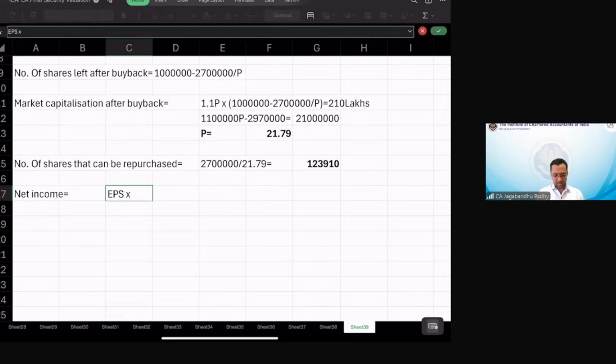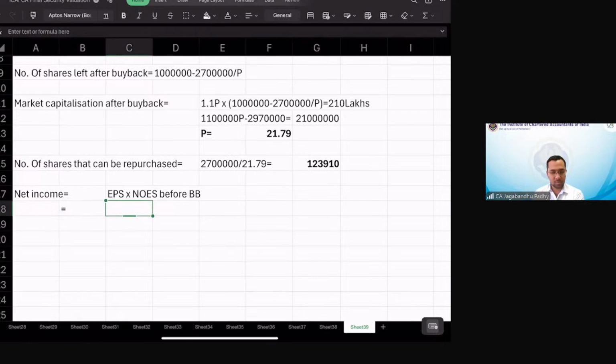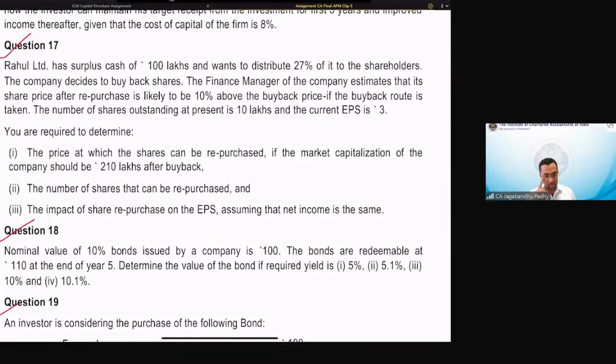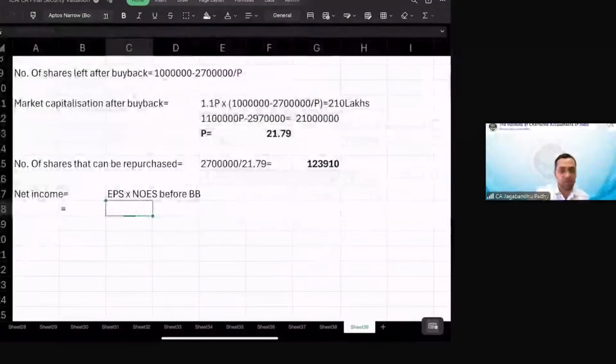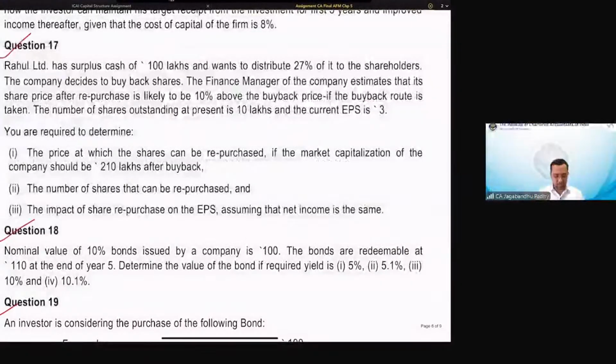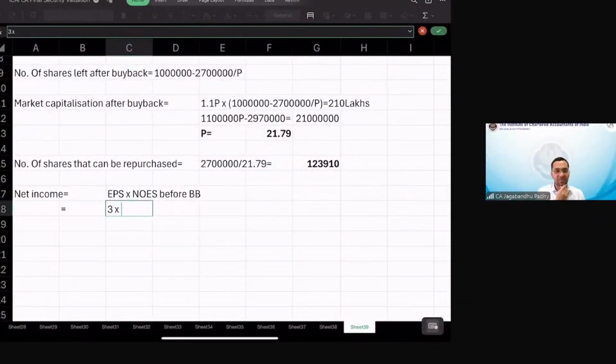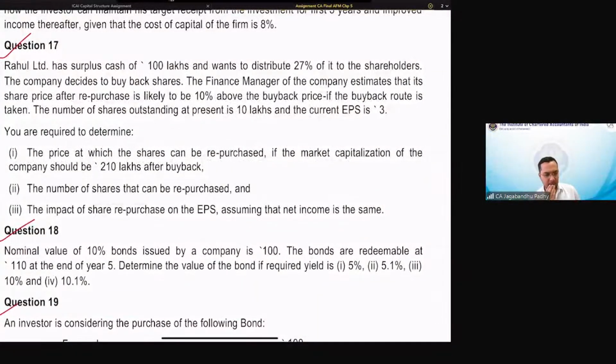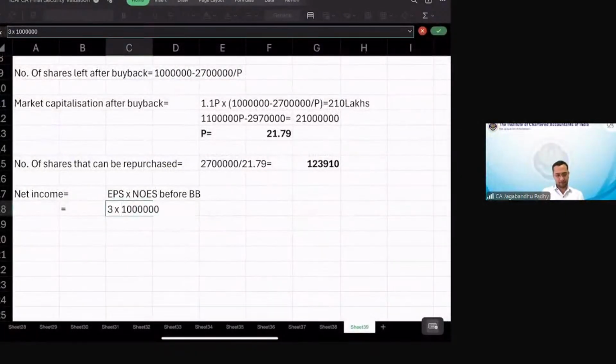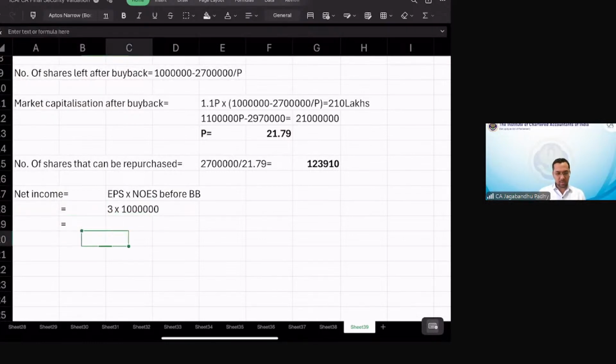Net income will be EPS multiplied by the number of equity shares before buyback. Current EPS is 3, and the number of equity shares before buyback is 10 lakhs. So net income was 30 lakhs.